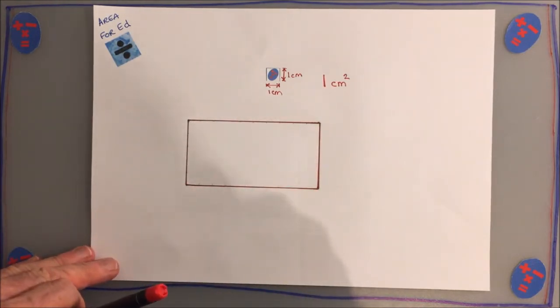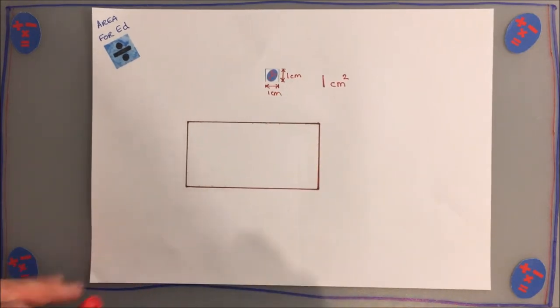We can use this concept of square centimeters to find the area of this two-dimensional flat shape here. All I have to do is cover the shape with square centimeters and then work out how many there are. I'll do that.